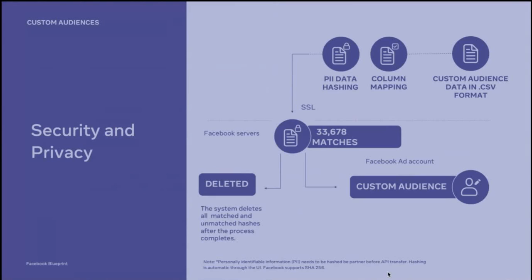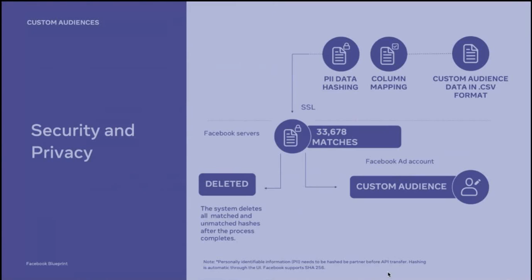The browser hashes all the uploaded email IDs and phone numbers locally on your system before it uploads to the server. When you click upload, it first converts all the cells in that CSV file into hash values. Then it uploads that file to the server. Your browser then connects over SSL to your Facebook ad account, authenticates your credentials, and passes the list of hash values to our Ads API.